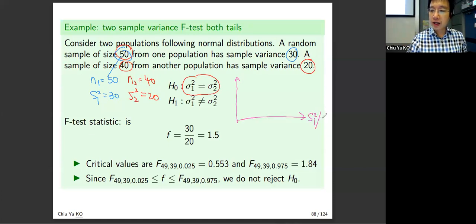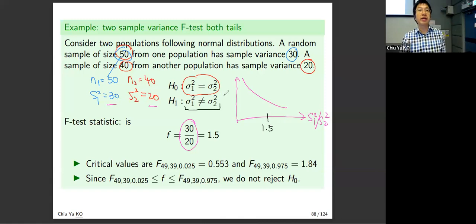And as I said, it's very simple, we don't need to even do anything. S1 square over S2 square usually follows this type of graph. So you simply take the ratio. The test statistic is 1.5, right? 30 over 20. That's so simple, right? 1.5 here. The question is, I do a two-sided test. One-sided is the same idea.